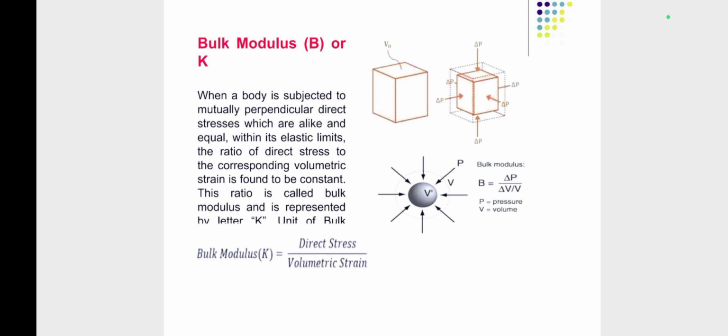In simple words, you can define bulk modulus as a ratio of direct stress upon volumetric strain. How to determine bulk modulus? Bulk modulus is equal to direct stress. As the area remains same, you can consider delta P, change in that force, divided by volumetric strain, that is delta V upon V, change in volume upon original volume.